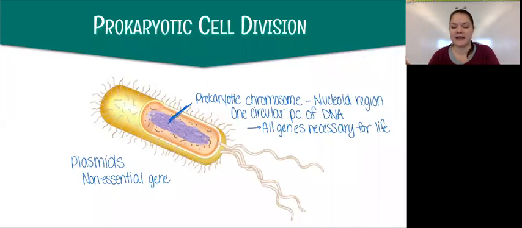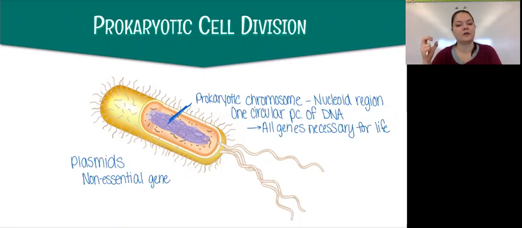A lot of times they may have stuff on them that is really useful, like antibiotic resistance, for example, or might help them adhere to one another better, but they can still function without them. And the reason that I bring this up is because if they do not have plasmids, it's not the end of the world for them unless they're in an antibiotic environment, but that's besides the point.